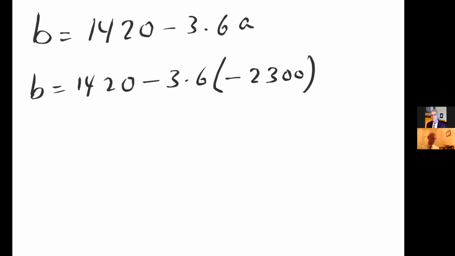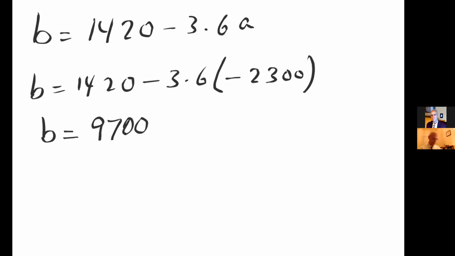Okay, so 1420 minus 3.6 times negative 2,300, and that gives me positive 9,700. So b equals positive 9,700.